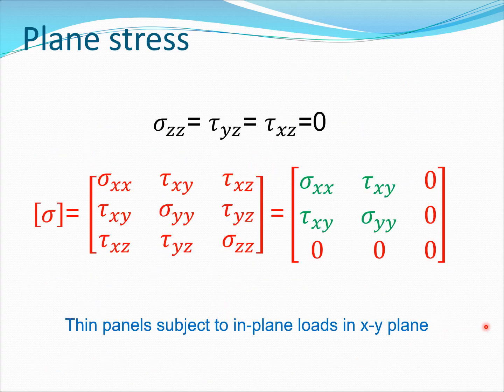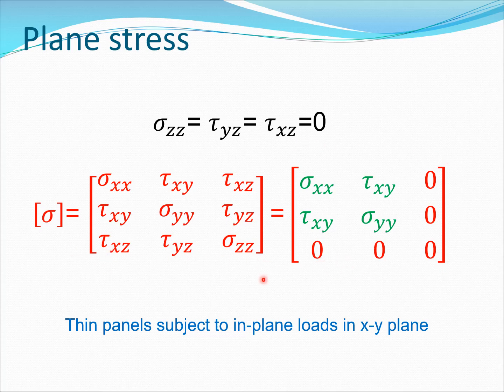Now let's look at the plane stress situation. In plane stress we define the stress terms which have a Z subscript to be 0. This is the situation where these particular rows and columns of the stress matrix become 0. So tau xz, tau yz, sigma zz become 0 here because they involve a Z subscript, and similarly these terms here become 0.